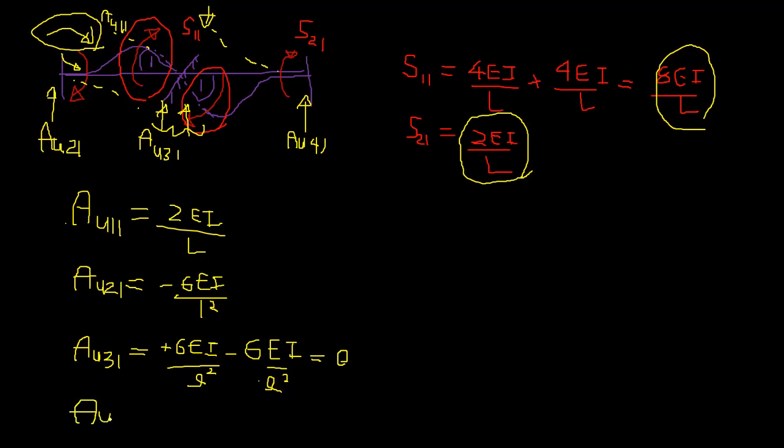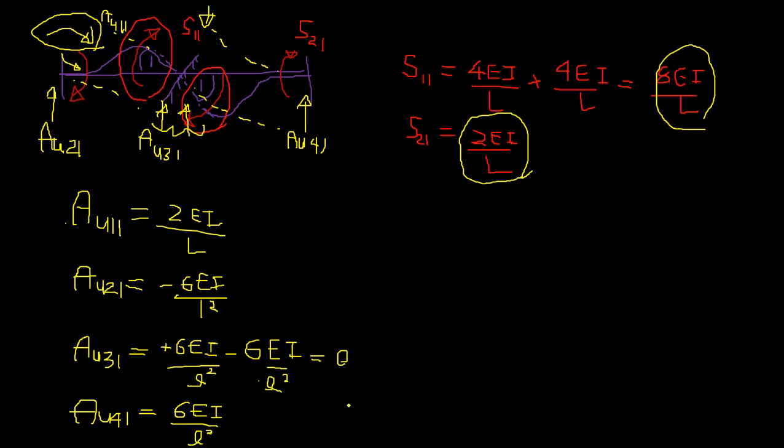U41 is how much? So you can determine it should be, so this tries to bend this beam like this, bending moment at B, this one. So it should push it back, this end. 6EI, it is positive over L squared.